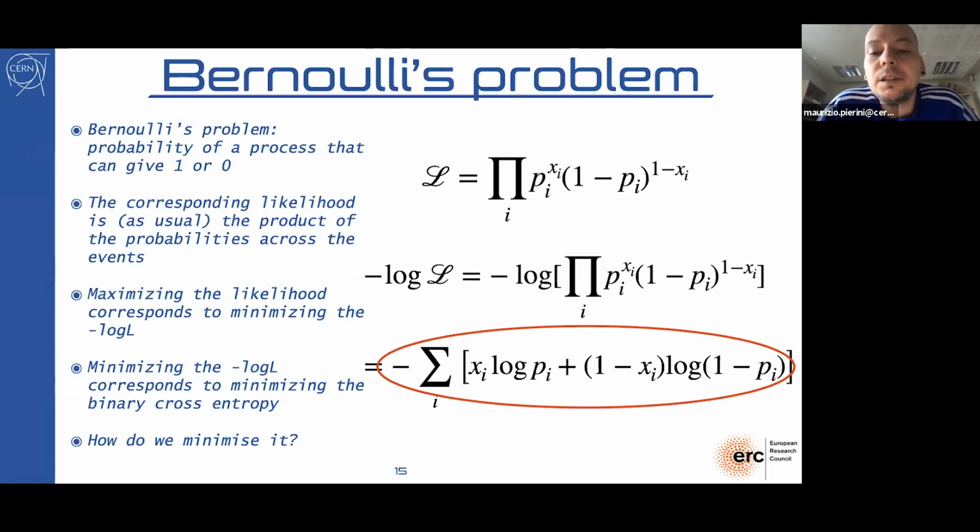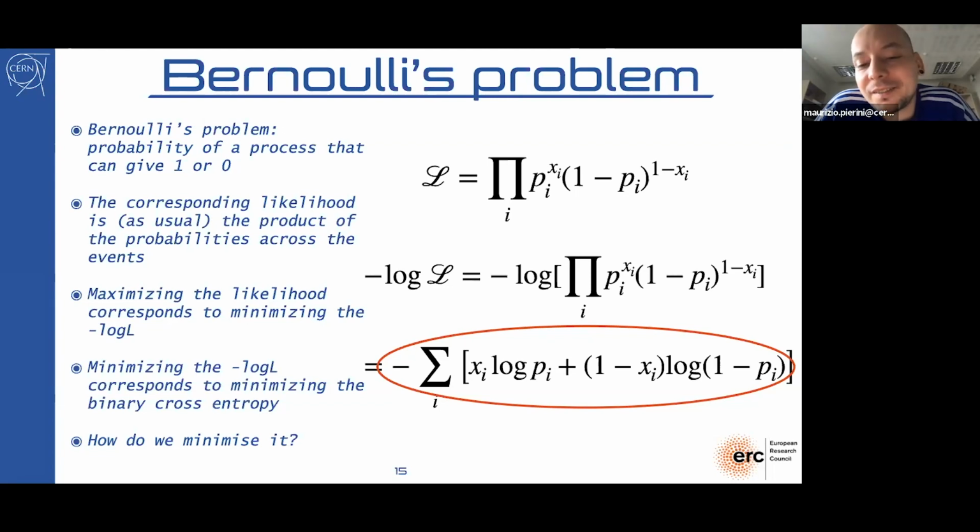So you write this down, and doing so, you end up with that equation in the bottom right, which is the binary cross entropy. And if you look at all the deep learning literature, this is basically the most frequent loss function used when you train a classifier. But very little detail is given on the fact that this is a one-to-one correspondence.